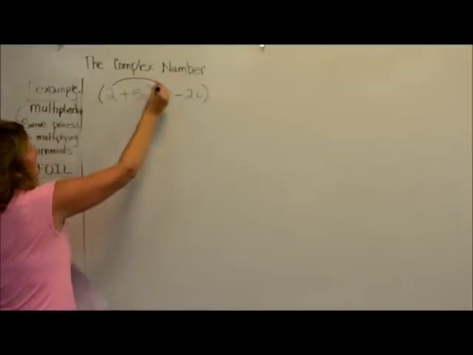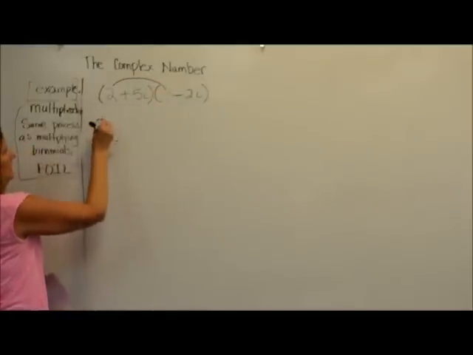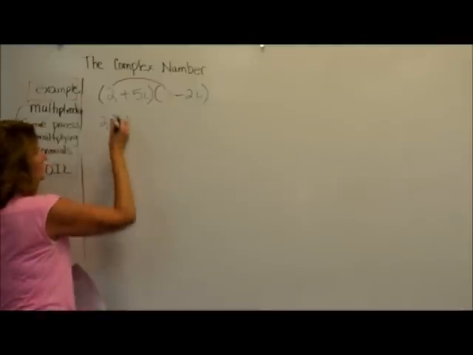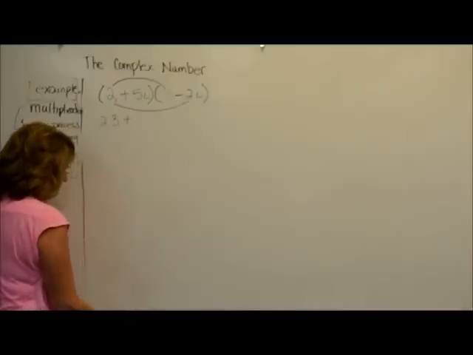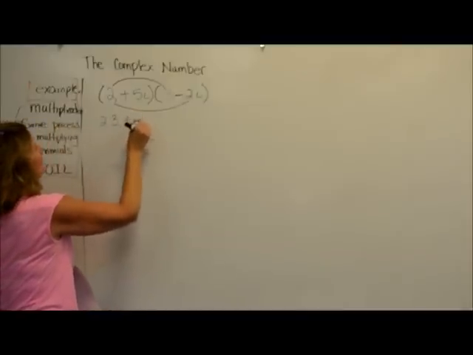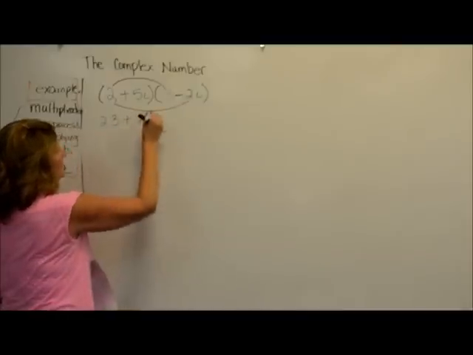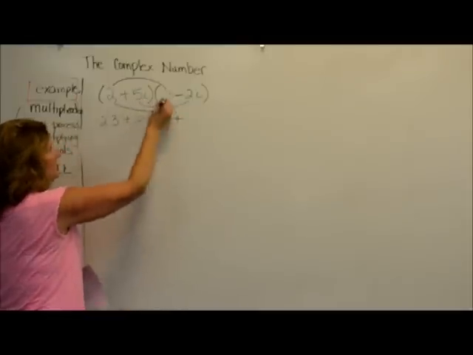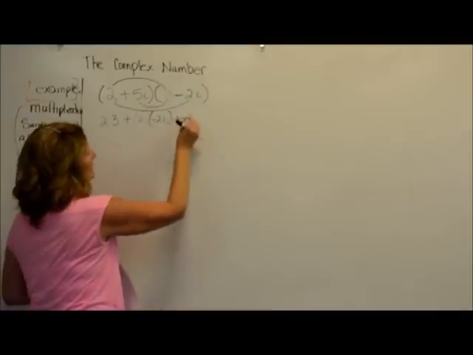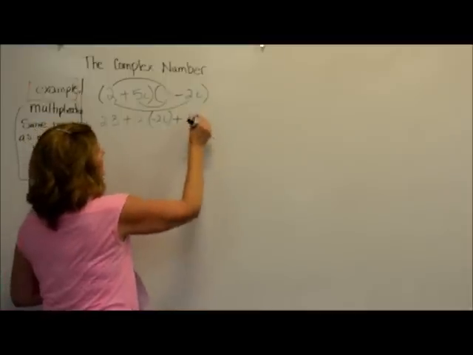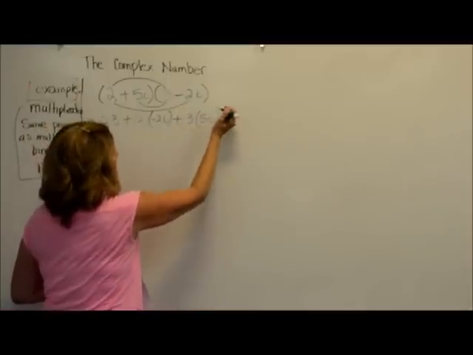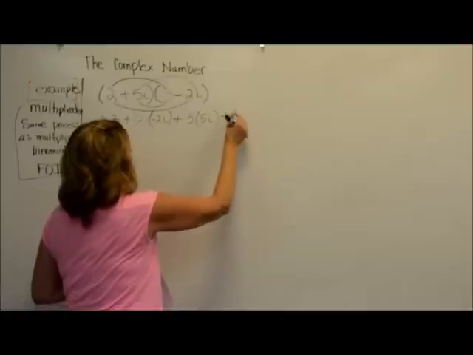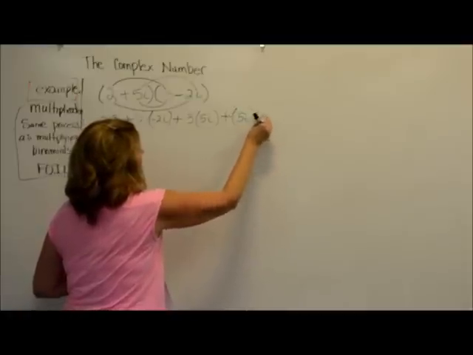I'm going to multiply the firsts together, so I'm going to have 2 times 3, plus I'm going to multiply the outsides together, so that's going to give me 2 times negative 2i, plus I'm going to multiply the insides together, so I'll have 3 times 5i, plus I'm going to multiply the lasts together, and I will have 5i times negative 2i.